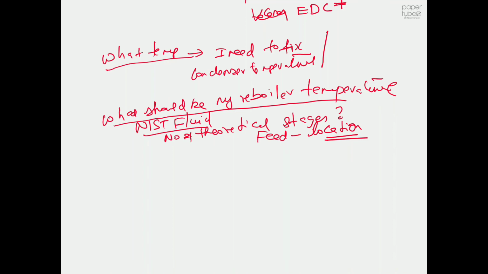The flow rate of ethylene will be around, let me check my notes, 350 kilomoles per hour. Then we will supply chlorine slightly in excess of the stoichiometric amount required to completely convert your ethylene into the product, which is ethylene dichloride.